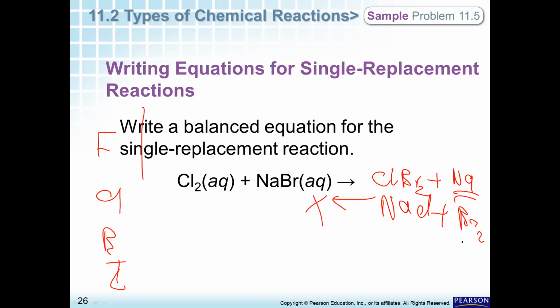In other words, as we go down the group, the reactivity will decrease. Exactly. Because it decreased, that's why the chlorine was able to replace the bromine, but the bromine cannot replace that. Bromine can replace iodine, but iodine cannot replace any of those. Fluorine will replace all of them.